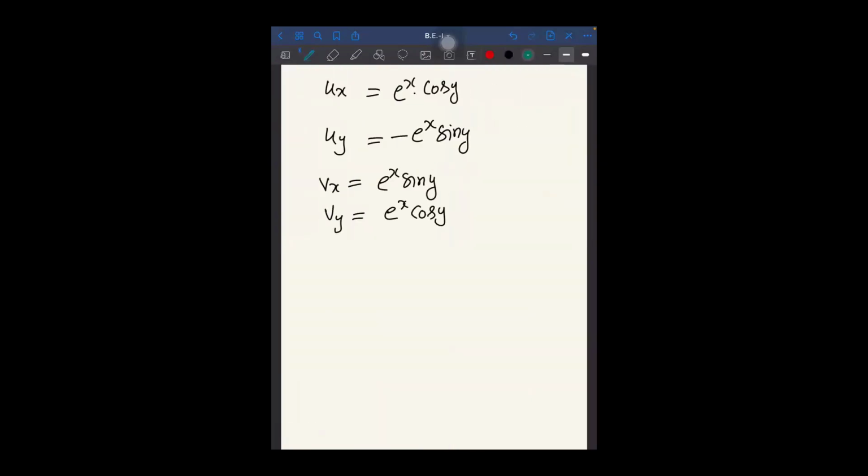So now, if you think of the CR conditions, these two are the same and these two are negatives of each other. So that means your u_x is equal to v_y and u_y is equal to minus v_x. And in addition, all these partial derivatives are continuous. So that means your function can be differentiated. They're analytic, right?